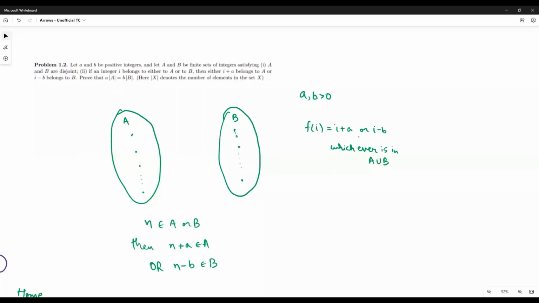Yes. So you're basically drawing an arrow from a number to the next one. I plus A, then in A, I minus B, then in B. But what if you have both the numbers? You have I plus A in A and I minus B in B. What do you do then?